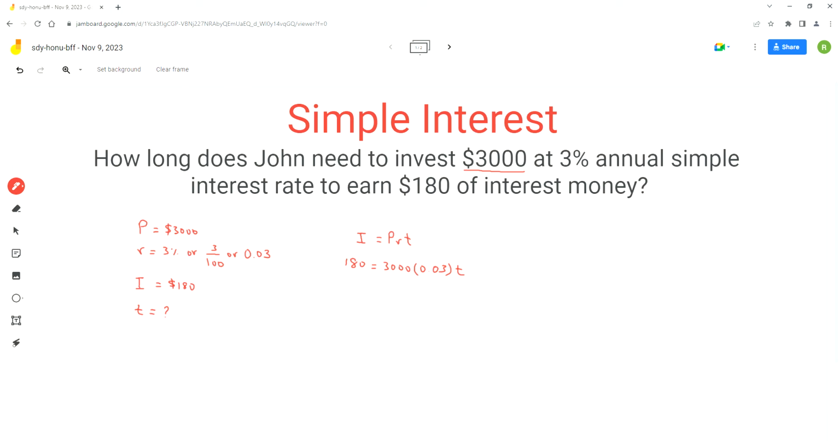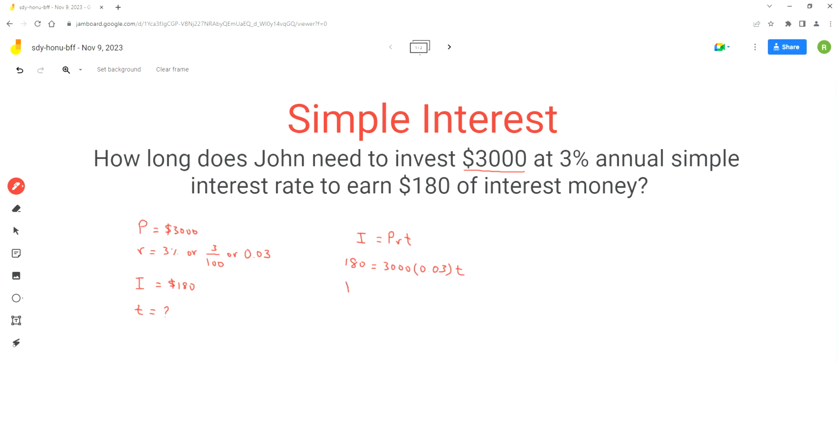So now we have to solve this equation to find the value of time. So the first thing we should do is simplify the term on the right side of this equation. So we should multiply 3000 by 0.03.